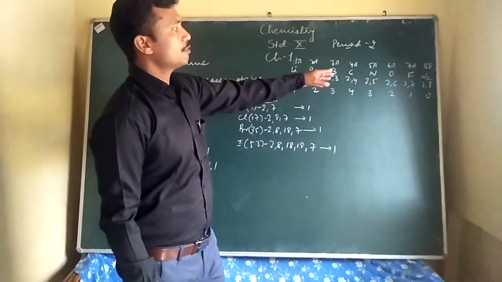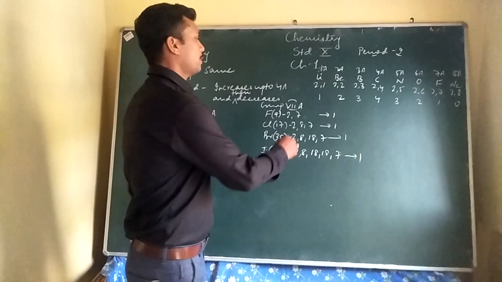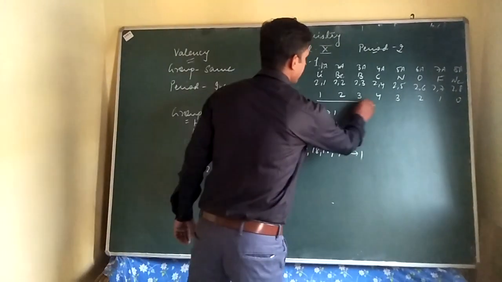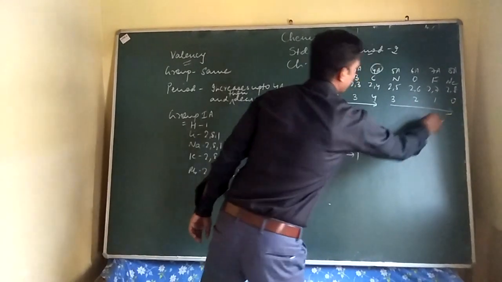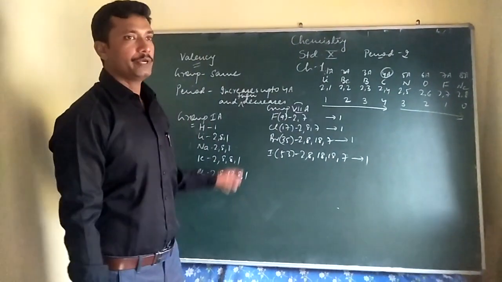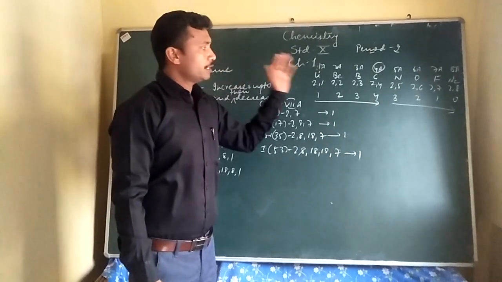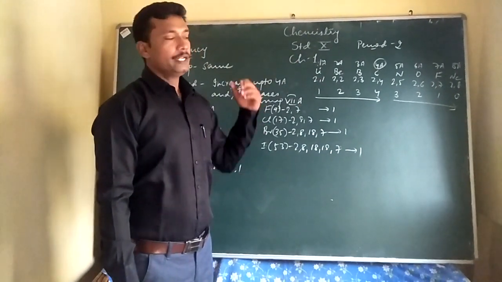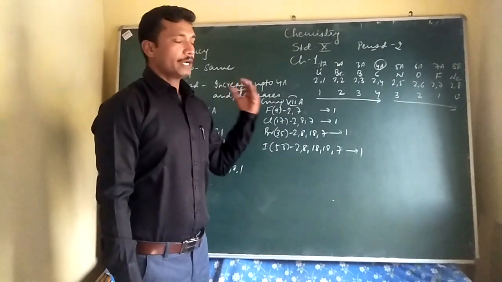The valency for fluorine is 1, neon is 0. So in a period, the valency first increases up to group 4A and then it decreases and finally becomes 0.